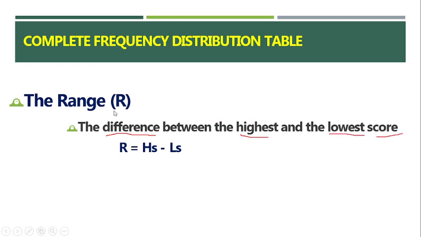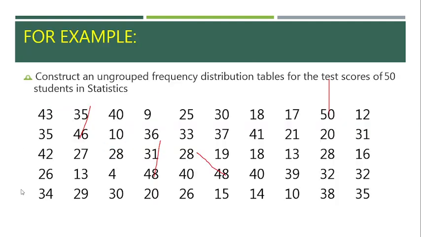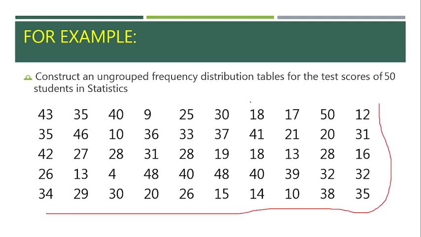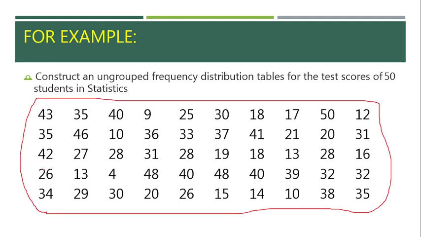Let's take the example from a while ago. If you have seen this data, what is the lowest score that you could see in this raw data? The lowest score is simply 4. That is your lowest score, correct?